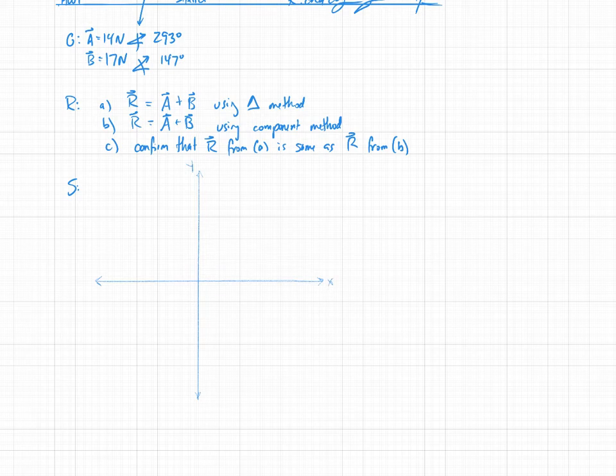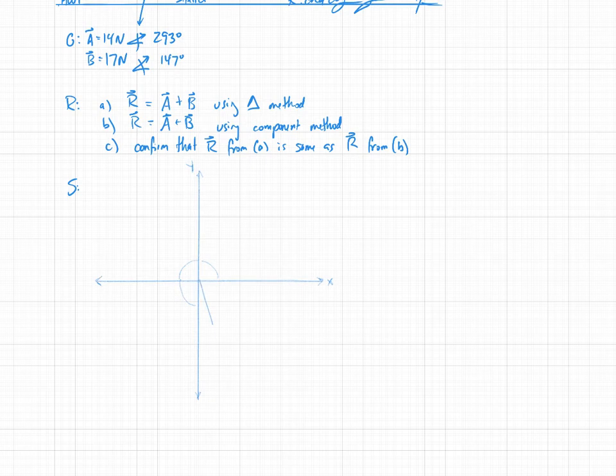So it's 14 newtons at 293 degrees. So this is 90 degrees. This is 180. Here's 270. So I'm going to go another 23 degrees, and I'm going to draw A. And I guess I'll make A in blue. So, I wanted this with a pen, though. Let's give it a pen color.